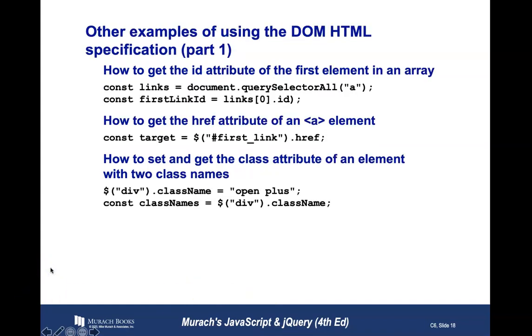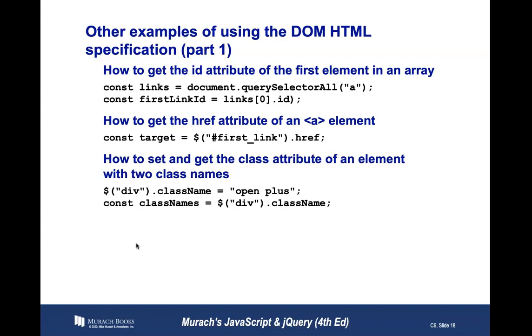So there are other examples of using DOM HTML specifications. Remember, the last slide was simply going back and targeting the source tag itself without using get attribute or set attribute. So what we can do is use document.querySelectorAll, grab the links, which is a collection, hit the first one, which is links[0], because the collection acts like an array, and use the dot syntax to grab its ID.